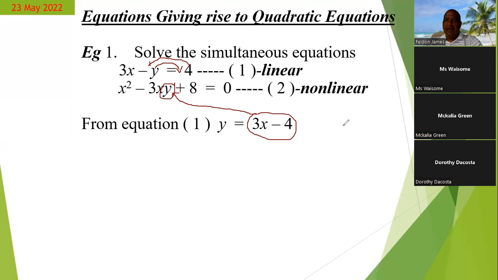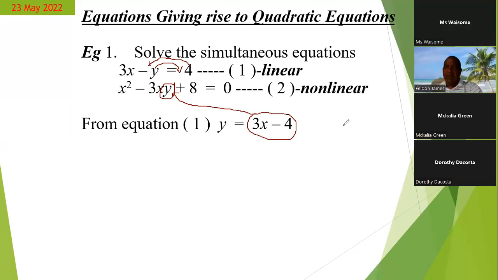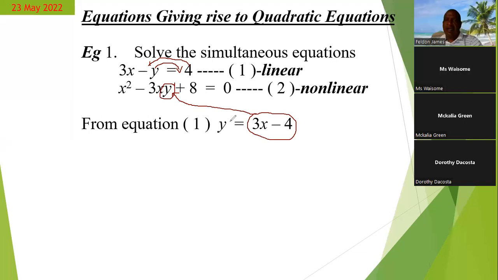Raise your hand if you understand what I'm saying, guys. Right. So you're replacing the y. So instead of writing back 3xy, you're going to write 3x bracket 3x minus 4 close brackets. So that's what you should have.